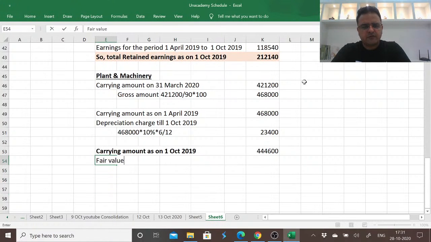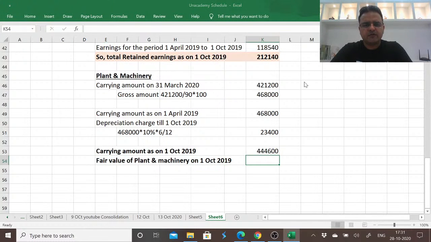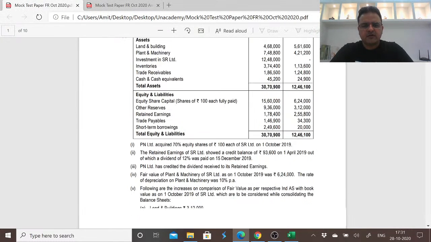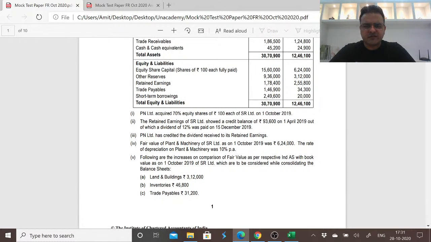Fair value of plant and machinery on 1st October 2019: the fair value of plant and machinery of SR Limited as on 1st October 2019 was 624,000.